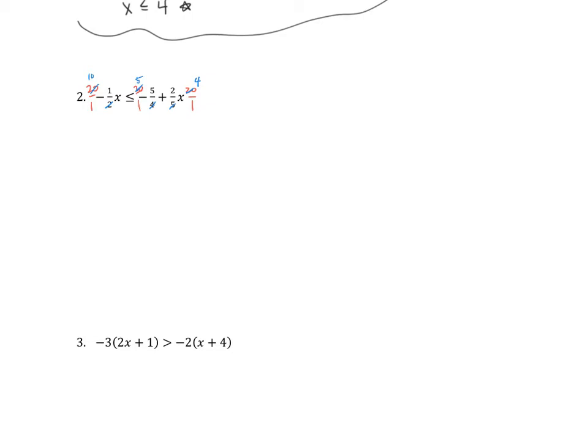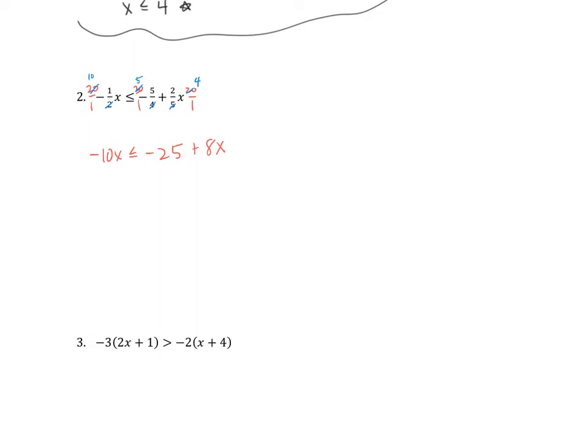And in the third fraction, 20 divided by 5 is 4. So that would leave us, in the first fraction, 10 times negative 1 times x. So that would be negative 10x is less than or equal to 5 times negative 5, so that would be negative 25, plus 2 times x times 4 is 8x.